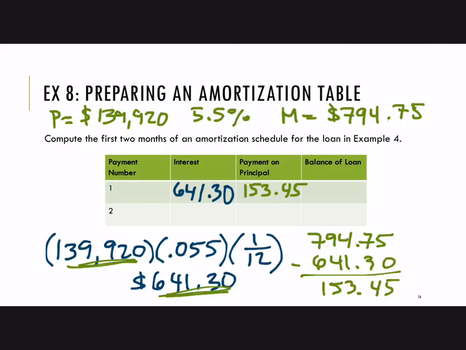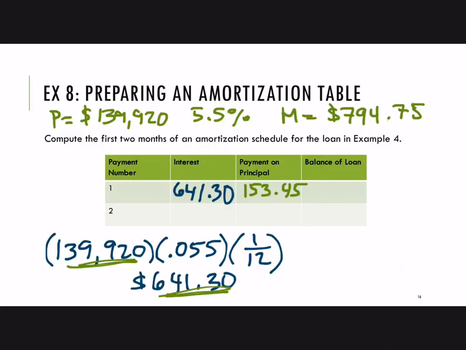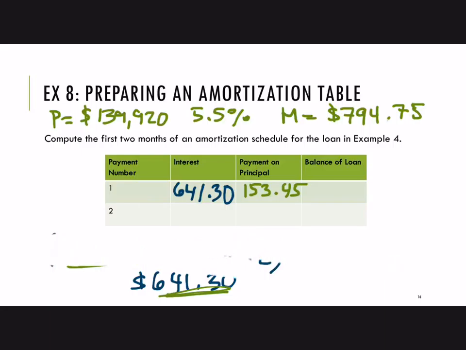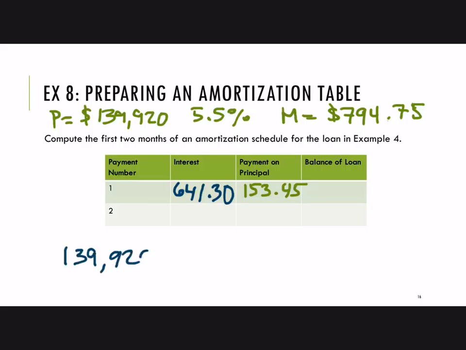Now the balance of the loan, we need to take the principal and then subtract the payment on the principal. This is the first payment, so we have the original principal, then minus $153.45 tells you how much is left to pay off on this mortgage.